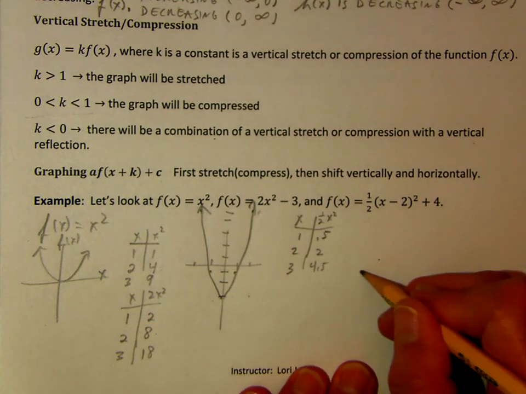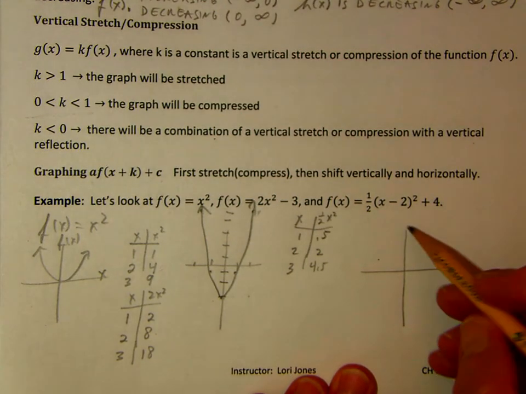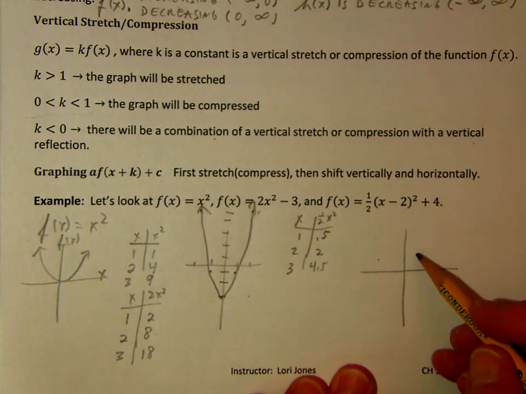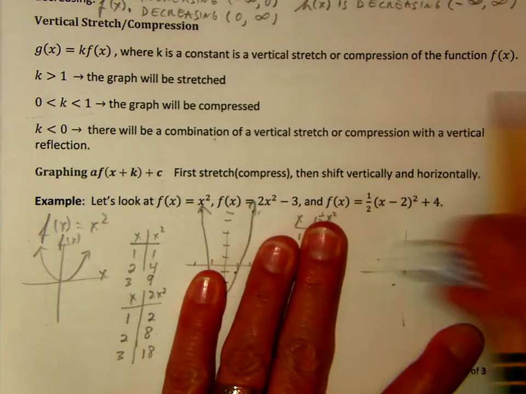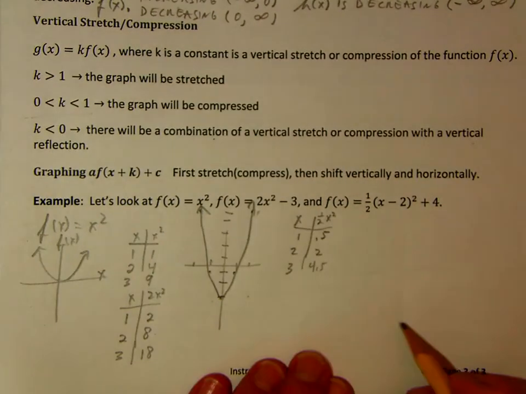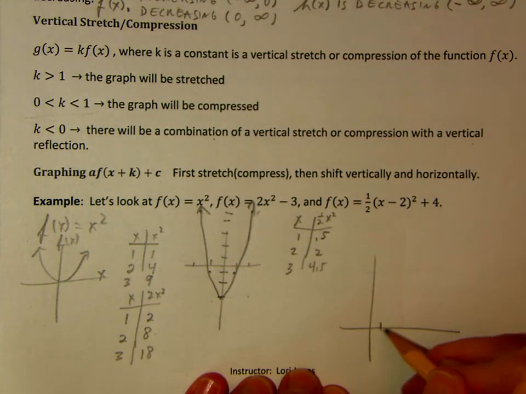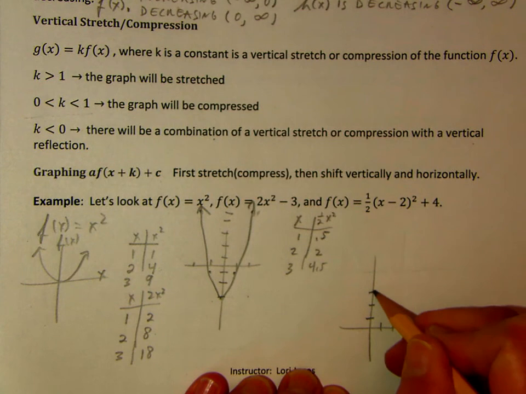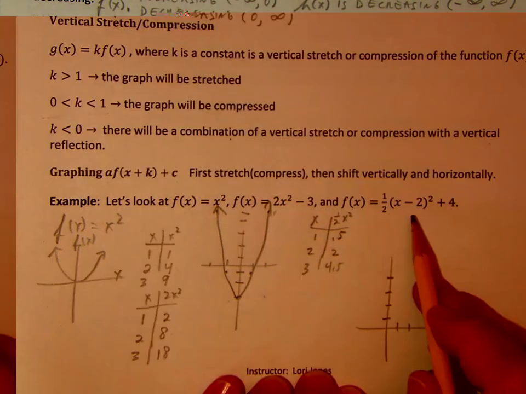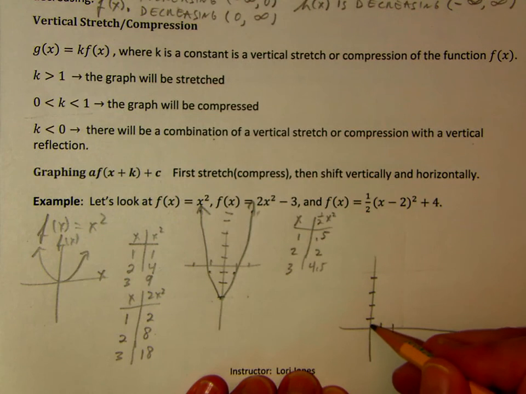So what I would expect this to look like is my vertex would be at the point 2, 4.